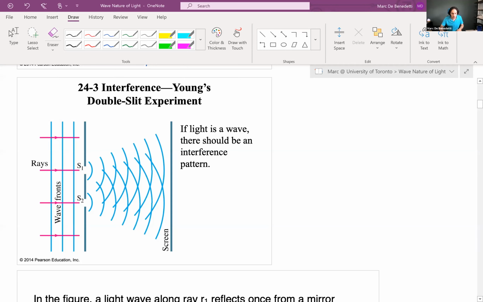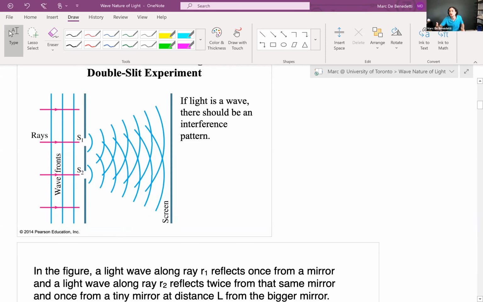Picture that you shine a light from a flashlight or what have you on a screen, and the screen has 2 slits. Then you're blocking most of the wave, however, you are letting part of the wave through.